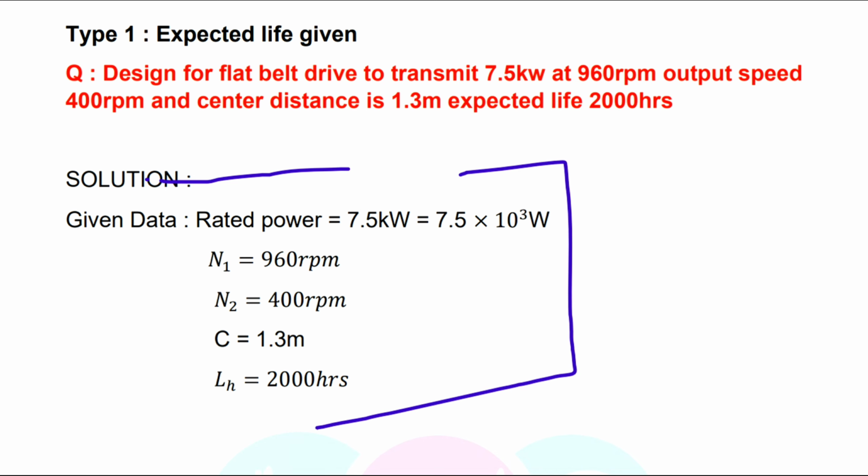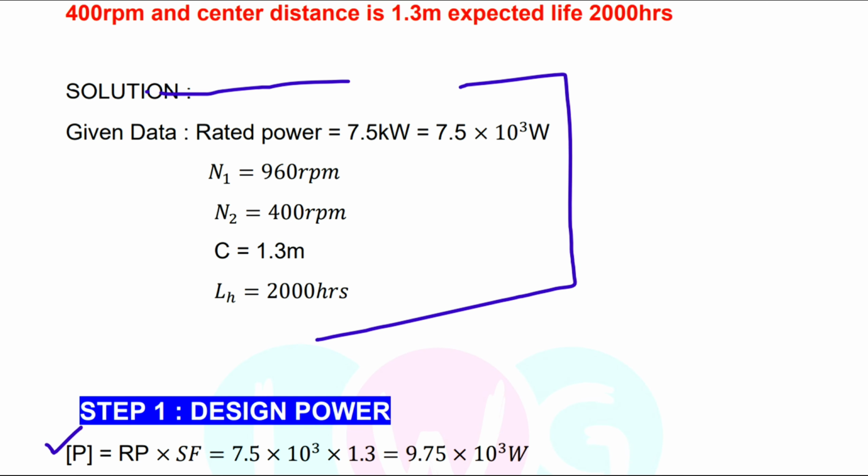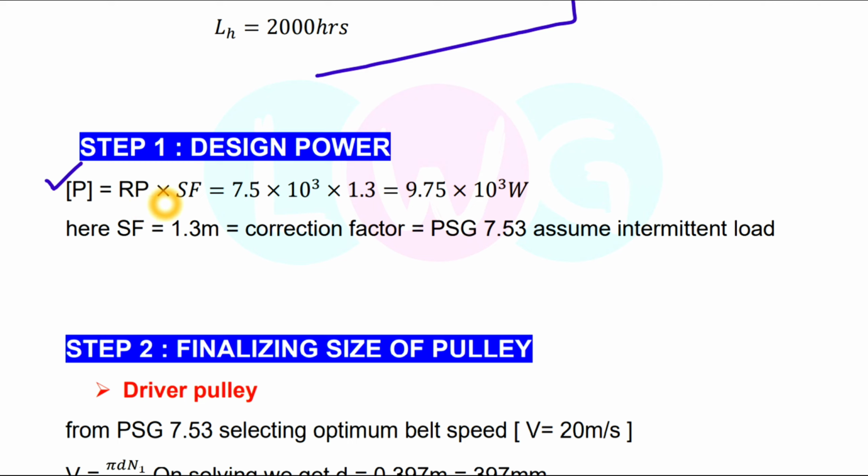Now moving to step 1, which is design power. Design power is denoted as P in brackets, equal to RP into SF. RP is the rated power given in the question, 7.5 kilowatt. SF is the correction factor, which is 1.3, and you will get it from PSG 7.53, where there is a table of load correction factor. Assuming intermediate load, the correction factor is 1.3.